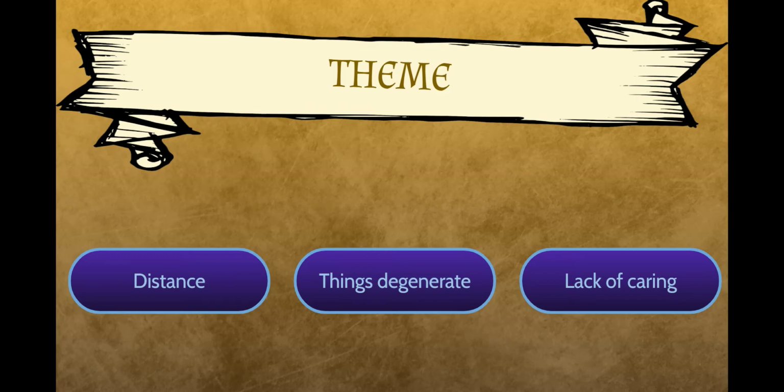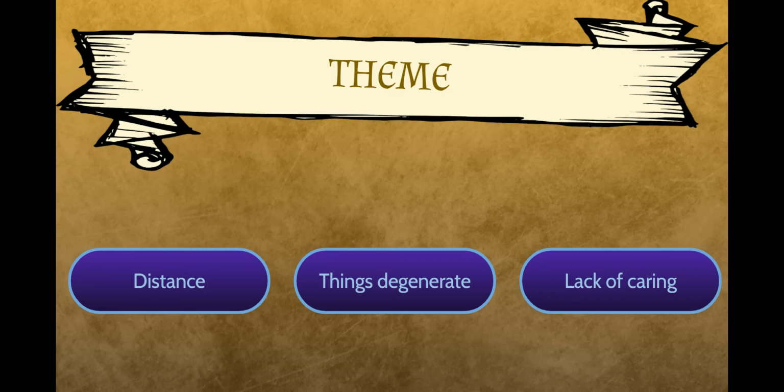Another common thing I saw was that things are degenerating. Snow is turning into dirty water. The lights are turning off. The conflict between the two characters is getting worse and worse. And then there's also this idea of a lack of caring, where they don't care about each other. They don't seem to really care about the baby, and they're not talking things through.